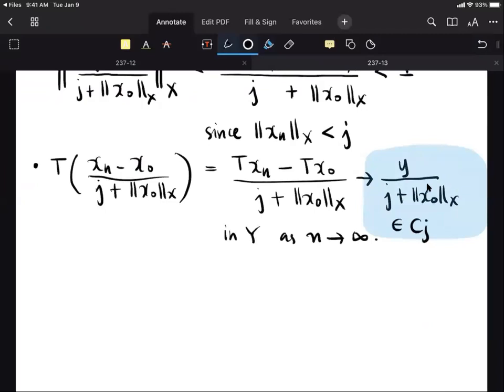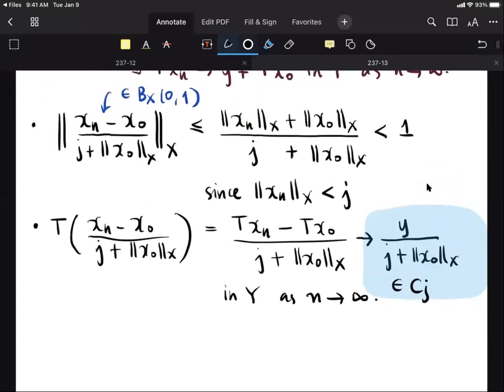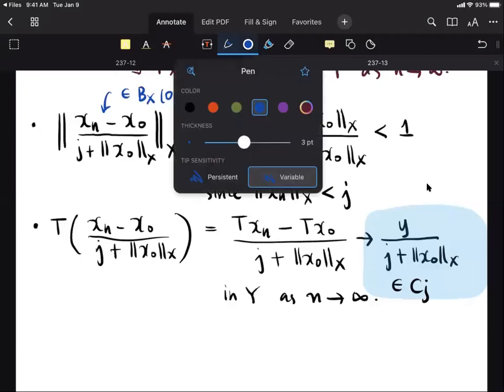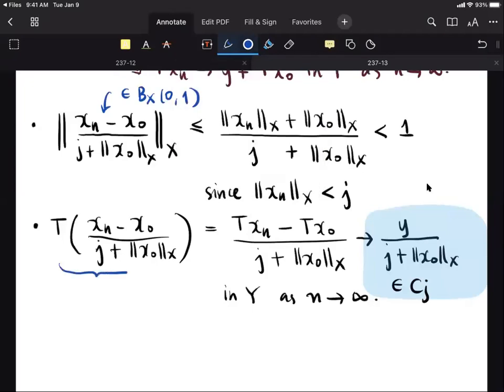Why? Since this image is now an element of T of B_X(0, 1).